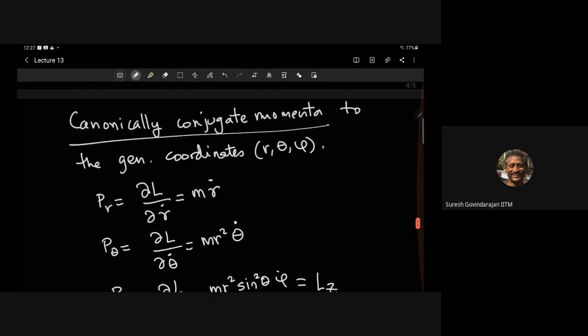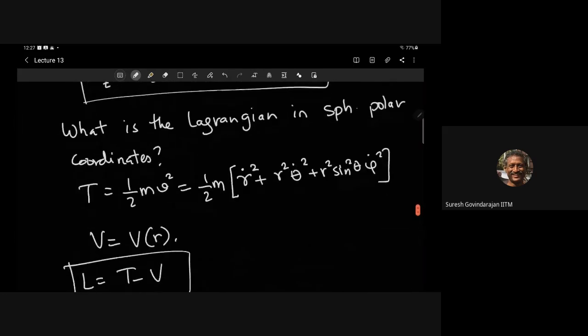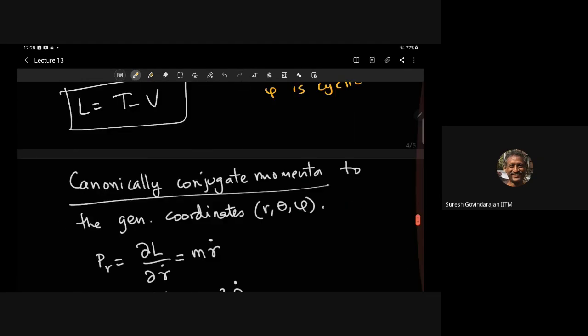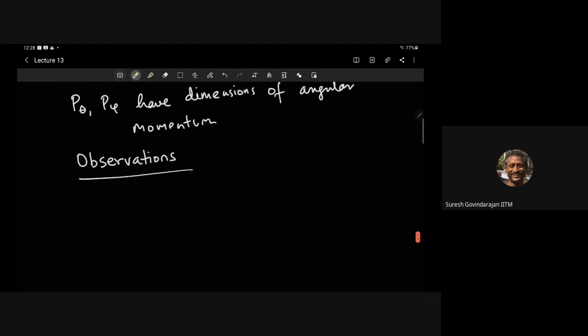Okay, so let's come back here and look at the Lagrangian. The first point to observe here, which I'll write in yellow, is that phi does not appear. So what do we say if a coordinate doesn't appear in the Lagrangian? We say phi is cyclic, a cyclic coordinate.